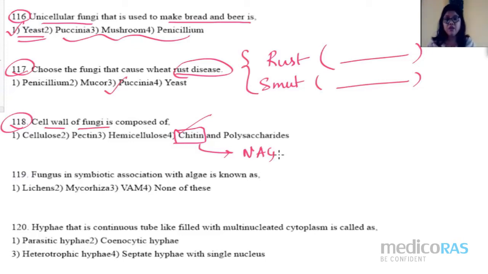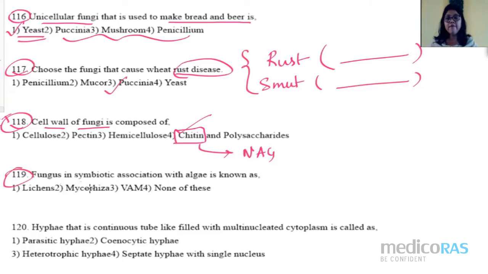So it is very, very important that you know the chitin concept. This question is very important for entrance also. All the questions are for entrance, but I am specifically giving some stress to this because of the presence of chitin. Okay, now let's see the next question here.